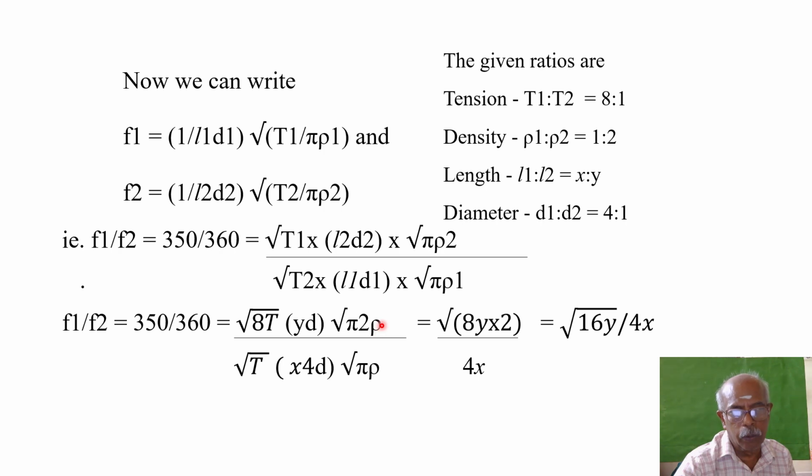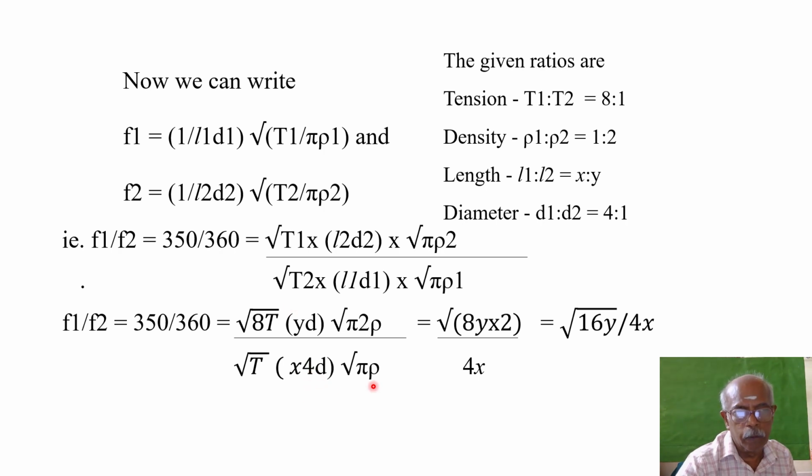So 2 into, this is 1 into. Then L1 is equal to x, D1 is equal to 4 into D, and D2 is equal to D.